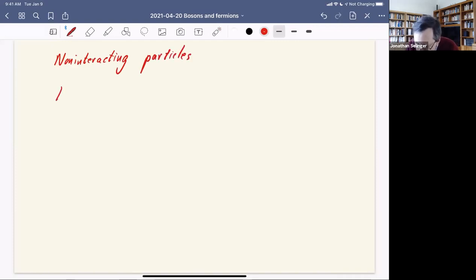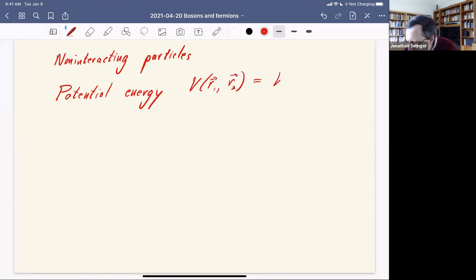That means that the potential energy as a function of R1 and R2 is a potential energy as a function of R1 plus a potential energy as a function of R2. That means that there is no interaction potential energy.